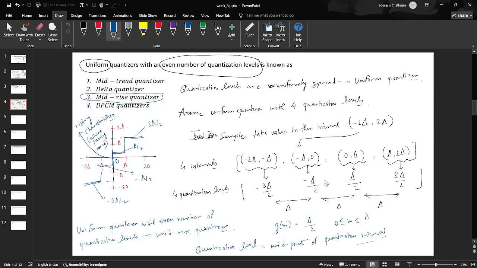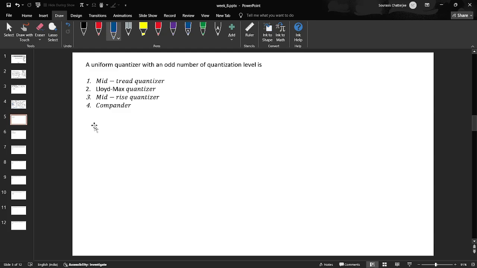So we have already talked about quantization. What does quantization actually mean? And we have seen one particular kind of quantizer, which is uniform and with even quantization levels. So let us move to our next question, which deals with another uniform quantizer, but now the quantization levels are odd.